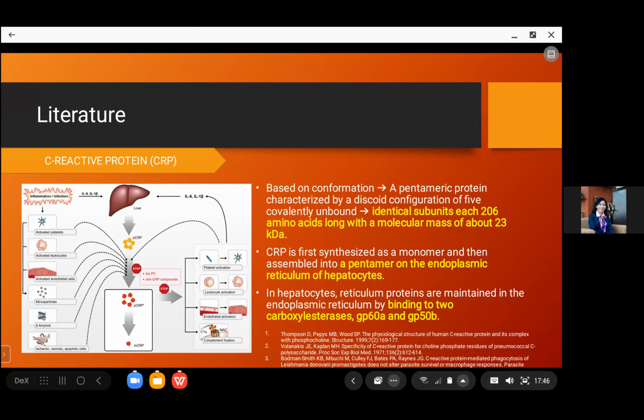During the acute phase response, CRP's hepatic synthesis rate increases within hours and can reach 1,000-fold levels, and levels remain high as long as the inflammation or tissue damage persists and then decrease rapidly.